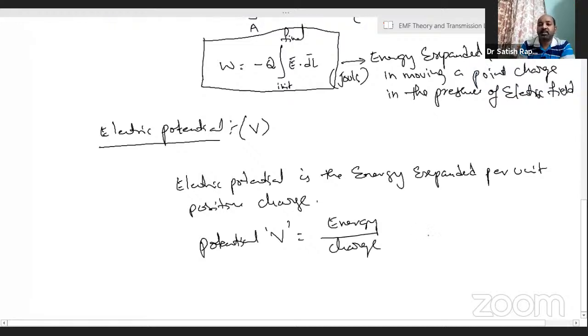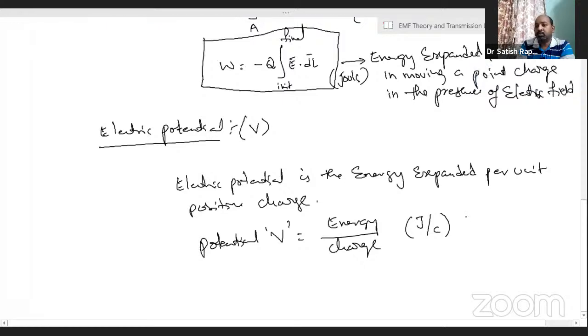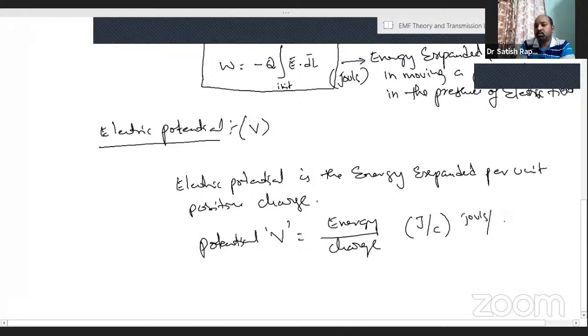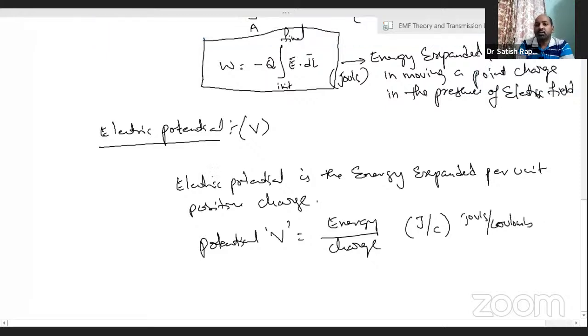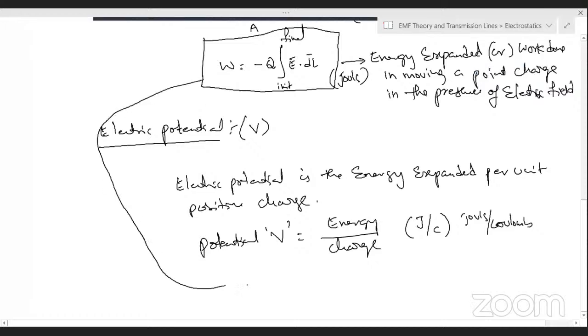So that means joules per coulomb. So therefore, from this equation, I will take this equation here.